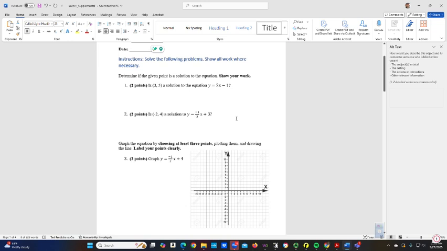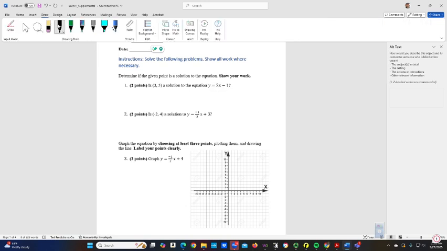And so on the first two questions, we're asked to determine if this ordered pair is a solution for this equation. So we're just going to take the equation. And remember, when you have an ordered pair, this is my X value, this is my Y value.